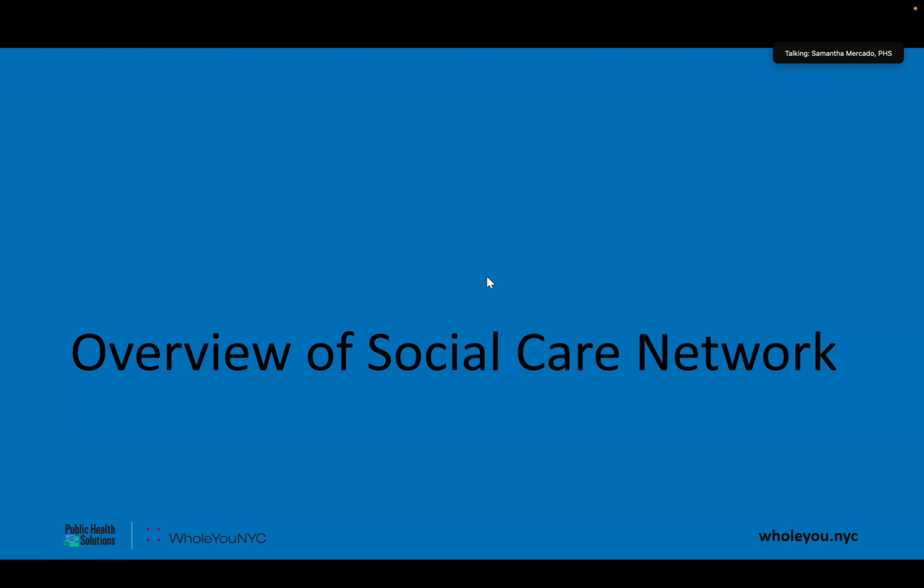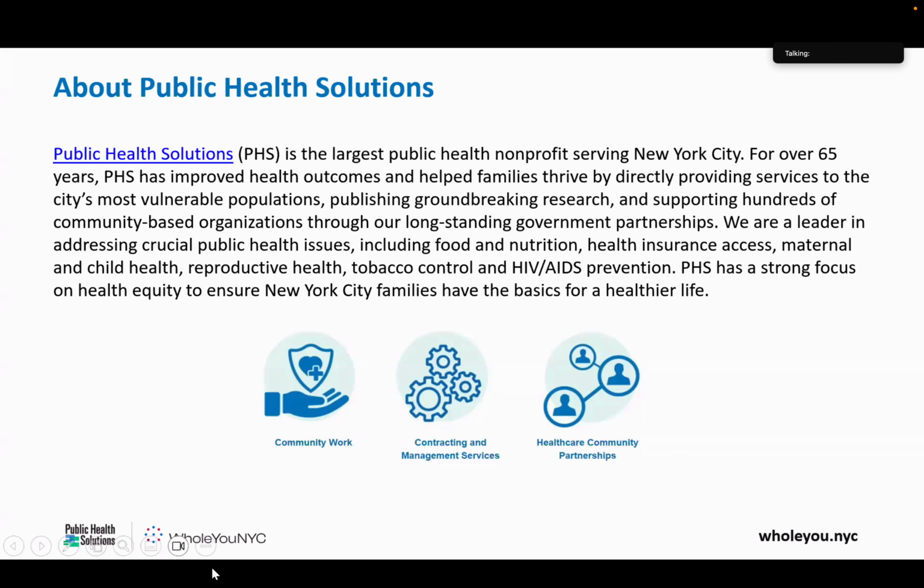Starting off with an overview of the Social Care Network. To review Public Health Solutions, a little bit about us. We are the largest public health nonprofit serving New York City. We've been doing this work for over 65 years, and Public Health Solutions improves health outcomes and helps families to thrive by directly providing services.